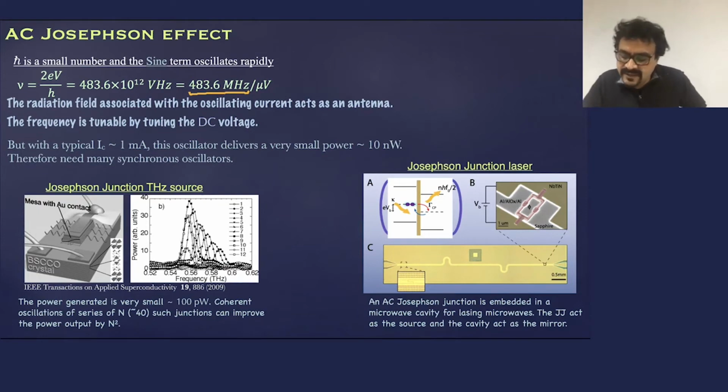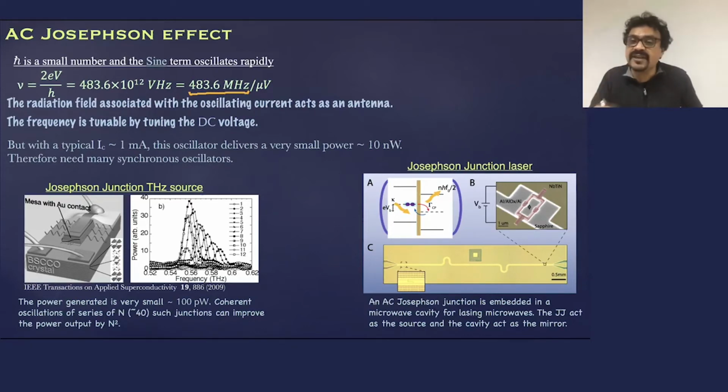And similarly, in this paper, what they were doing is they had a Josephson junction which is embedded in a microwave cavity. So this is like a lasing system for microwave. So you have a source.